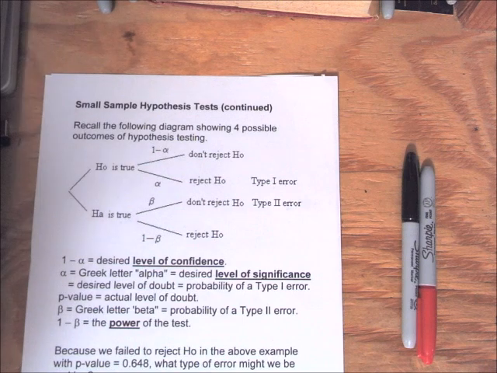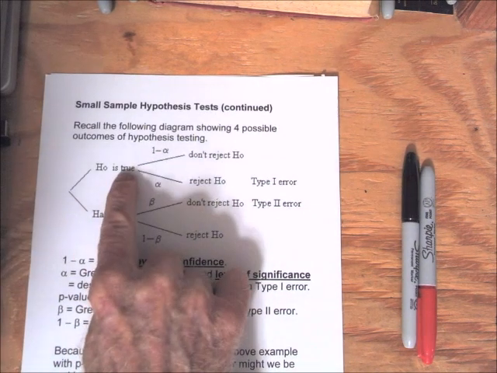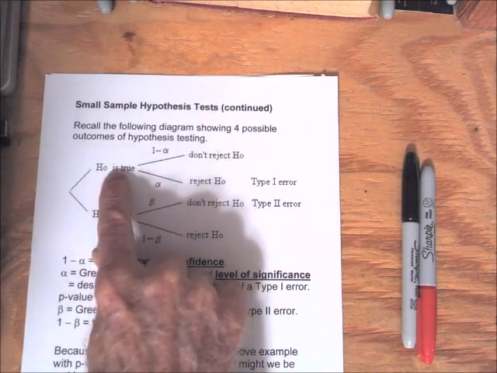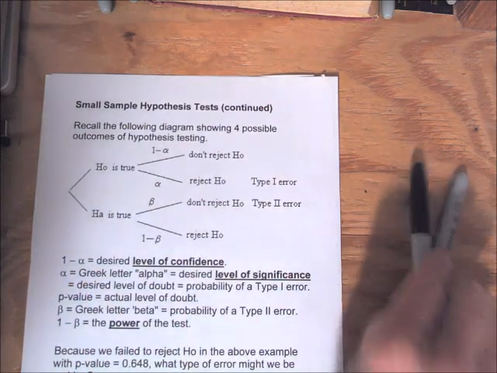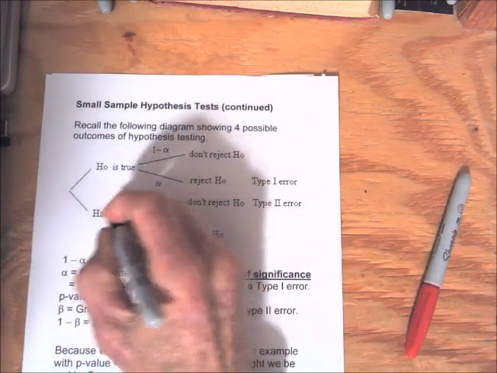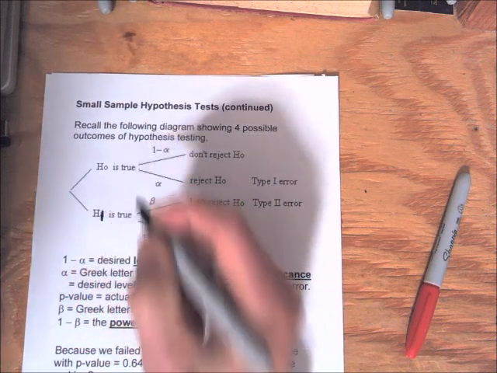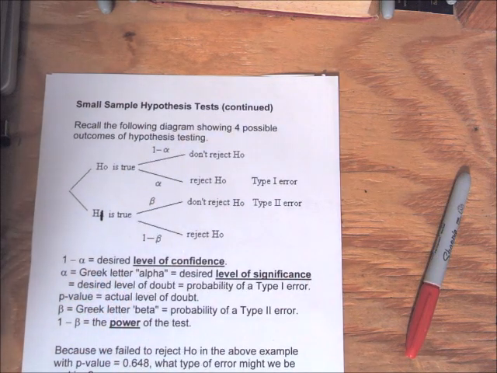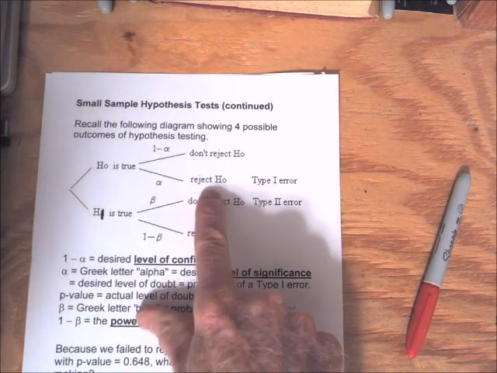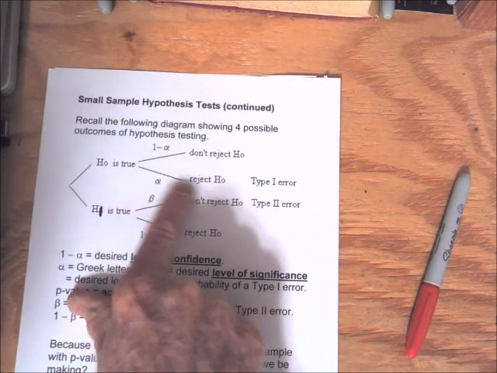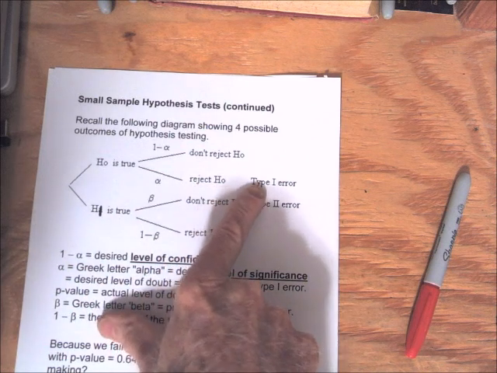For possible outcomes: H0 is true and we don't reject H0. H0 is true and we reject H0. H1 is true, some books use HA, it means the same thing, and we don't reject H0. Or H1 is true and we reject H0. So 2 of these are errors. If H0 is true and we reject H0, that's called a type 1 error.